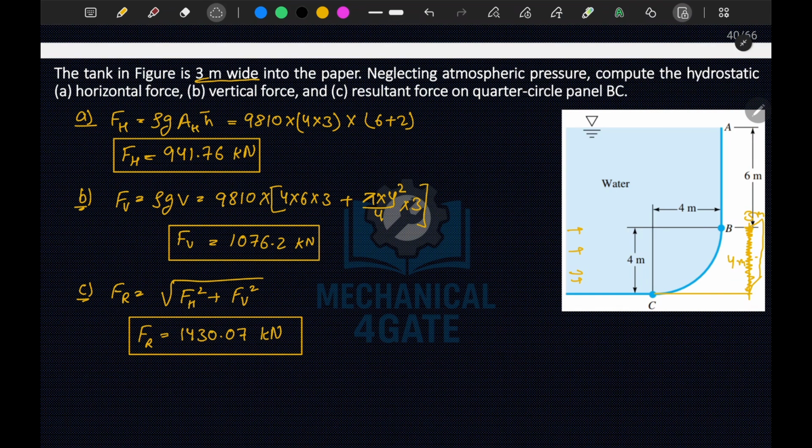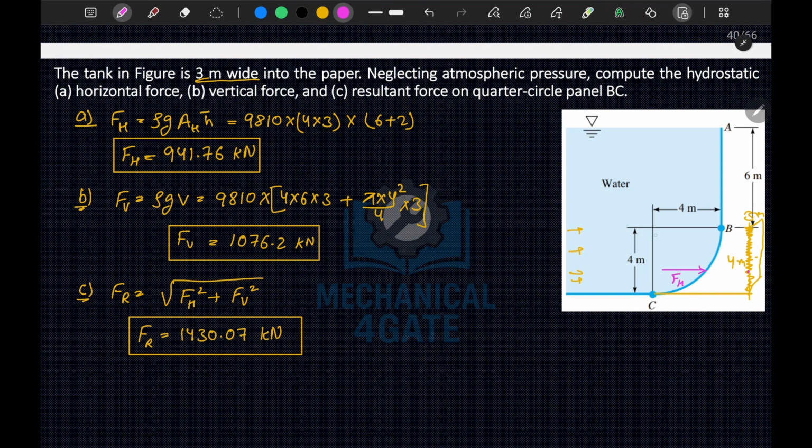So let me make it clear here. Your horizontal force will be acting at the CP of this figure only. So let's say if CP lies here, your horizontal force FH will be like this. And the vertical force will be on the CG of this figure.